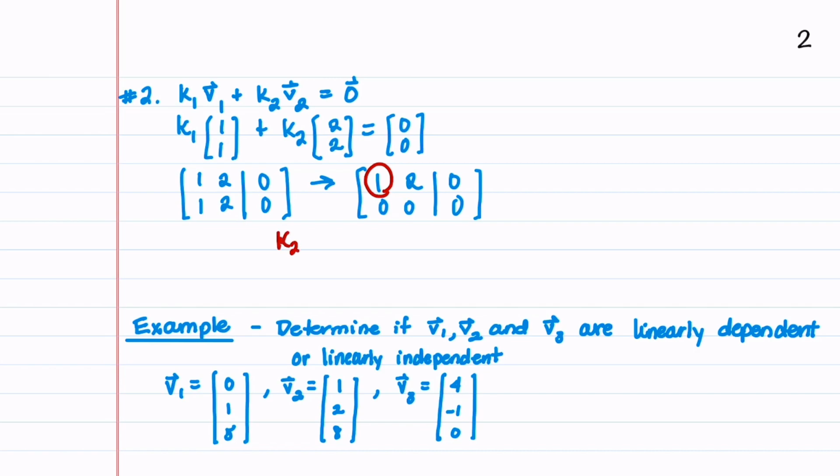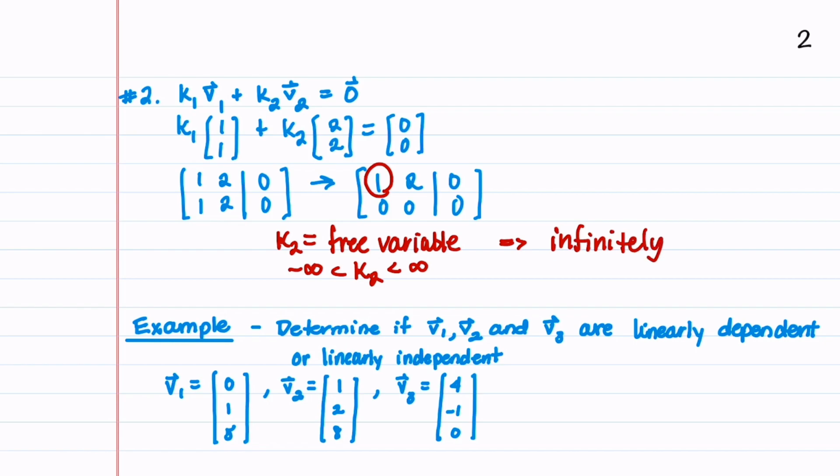This gives us k2 is our free variable, and k2 can take on any value from minus infinity to infinity, so that gives us infinitely many solutions. So we have the trivial solution and also infinitely many more solutions. So we do not have just the trivial solution. So that tells us that our two vectors, v1 and v2, are linearly dependent.